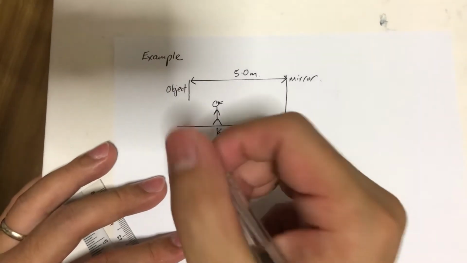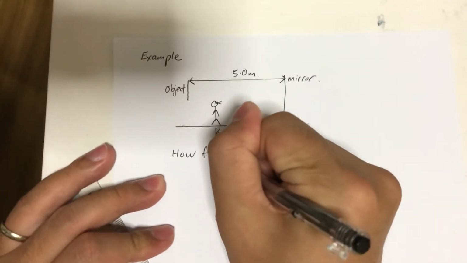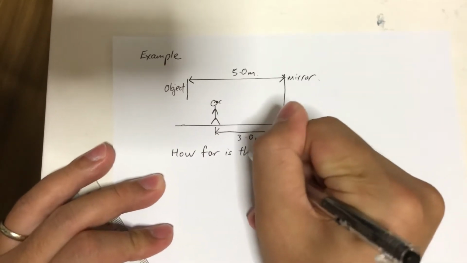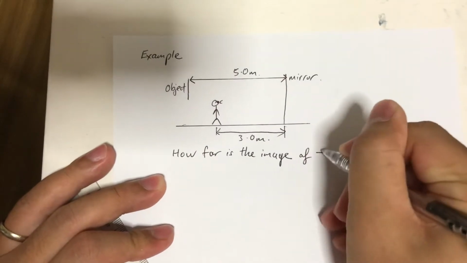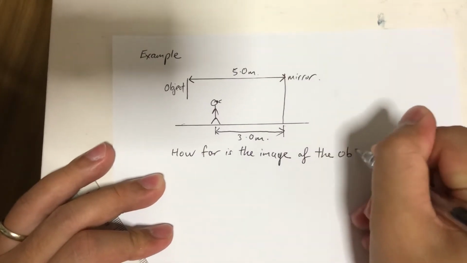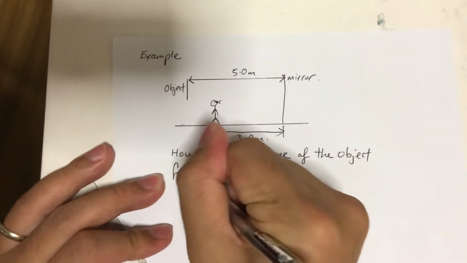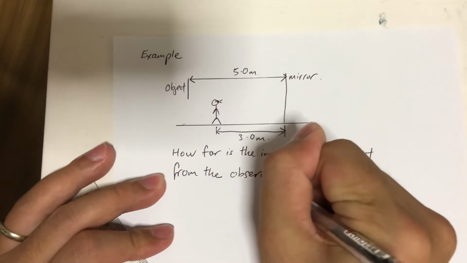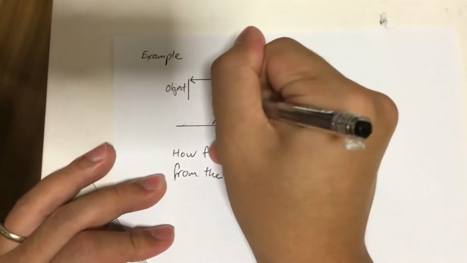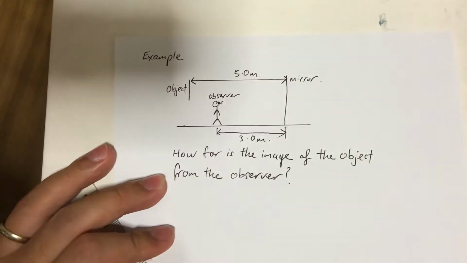So question: how far is the image of the object from the observer? Observer being the person here.